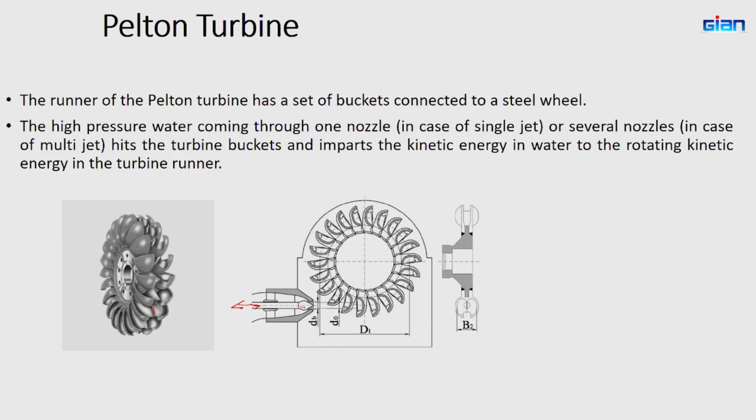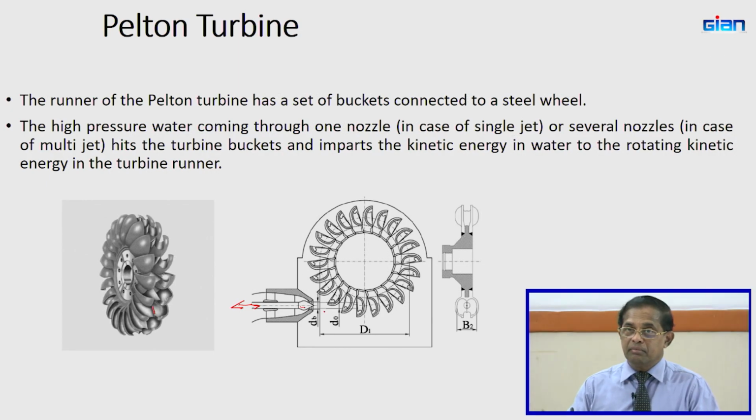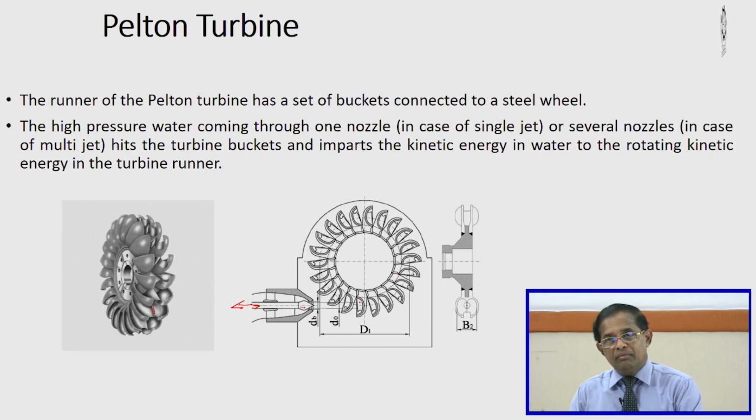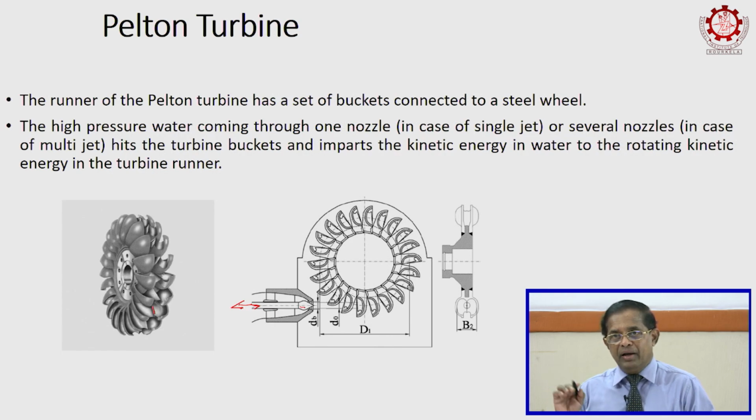So, it gets fatigue failures. After some time cracks develop, and when one bucket breaks, it can go around and hit the other buckets and destroy the entire Pelton wheel. So, it has happened. For very small ones, I visited some Austrian and German companies before buying equipment.